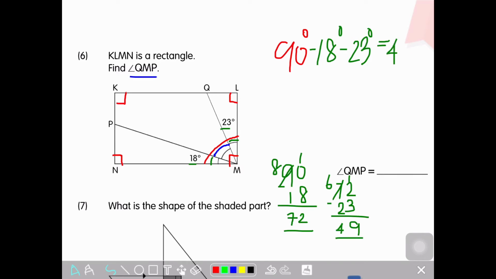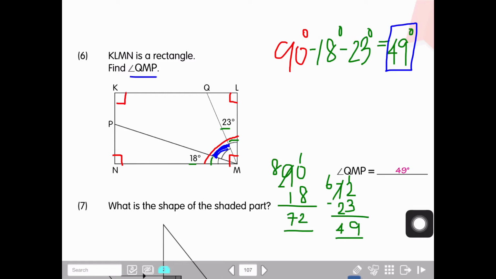That gives us 49 degrees. So the angle in blue here is 49 degrees. So QMP is 49.